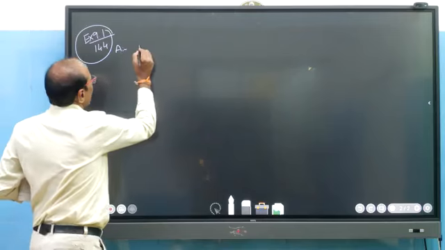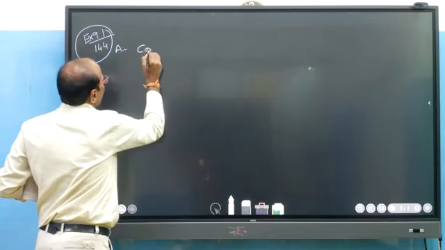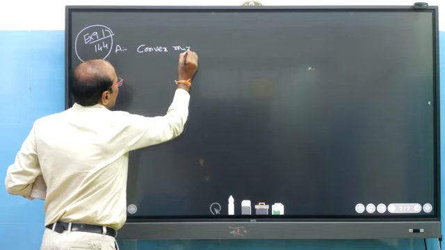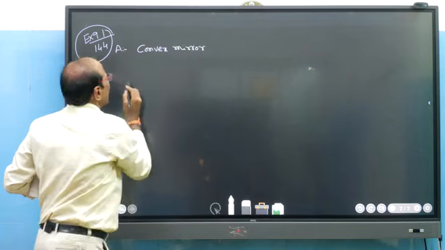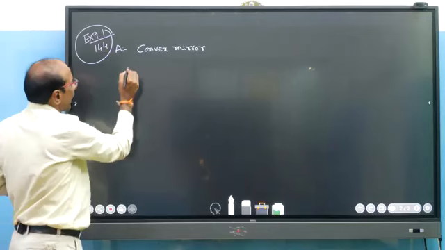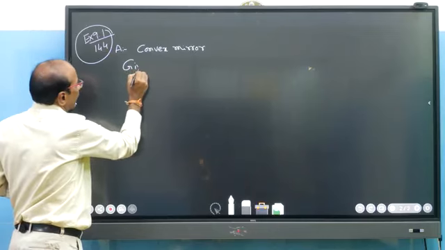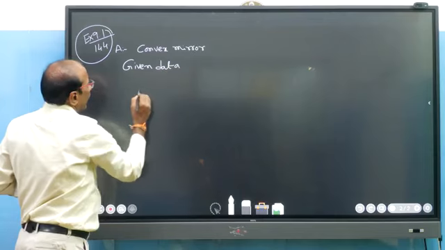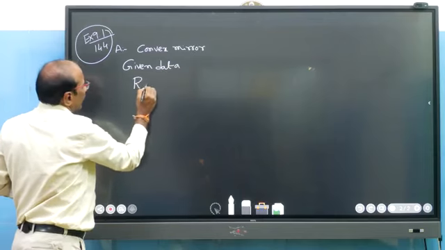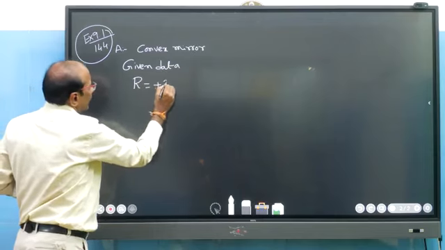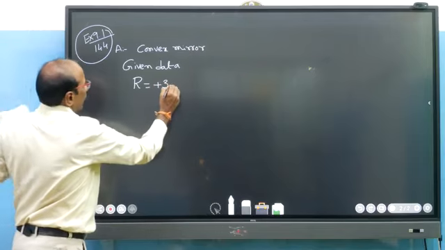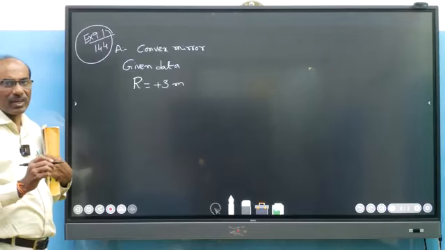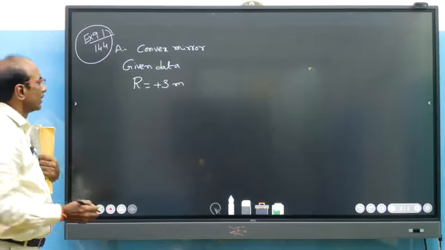For that convex mirror, the given data is: radius of curvature is plus 3 meter. For a convex mirror, radius of curvature is positive.